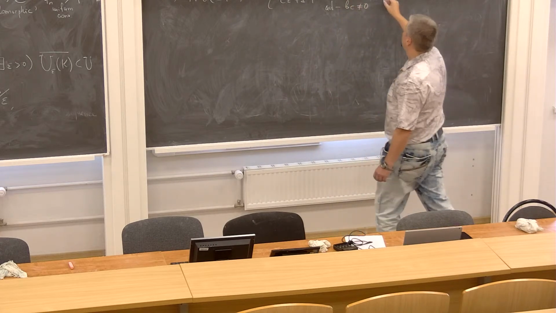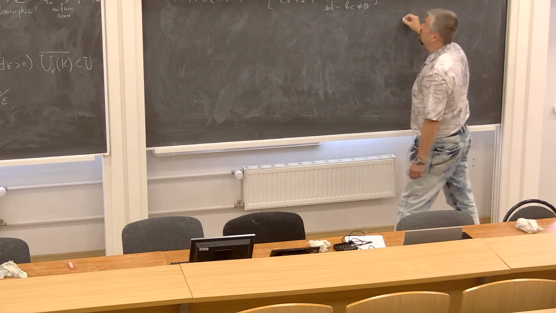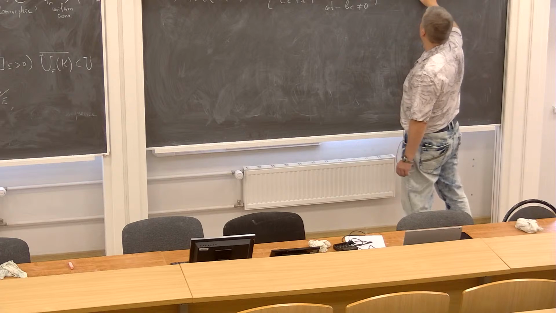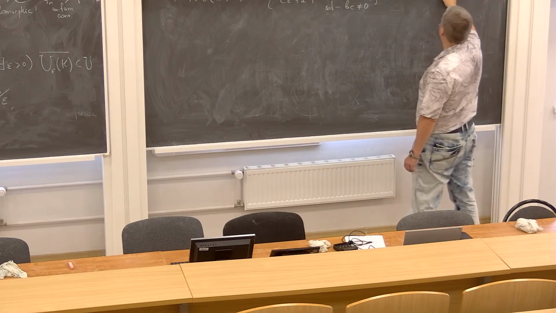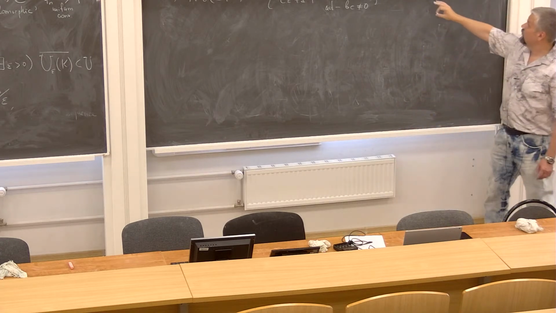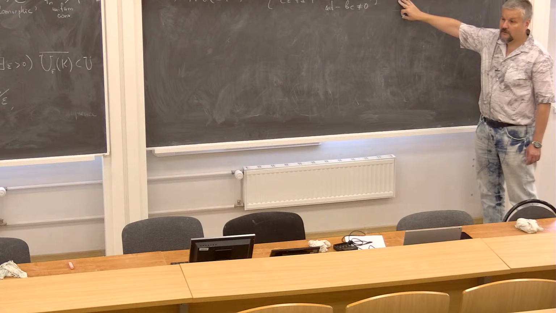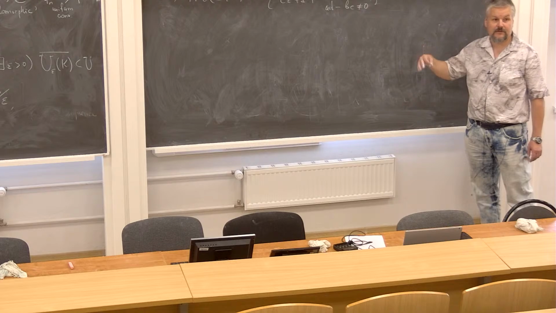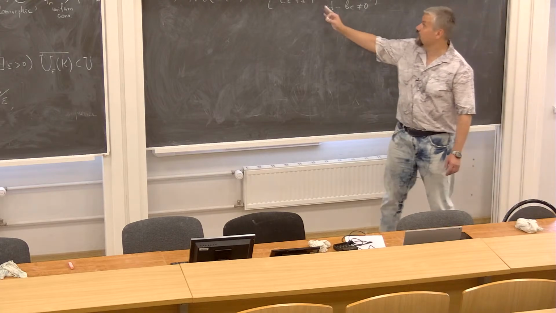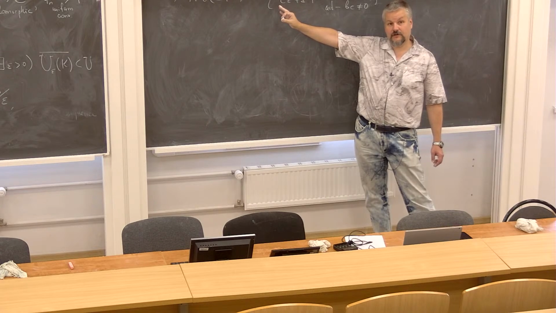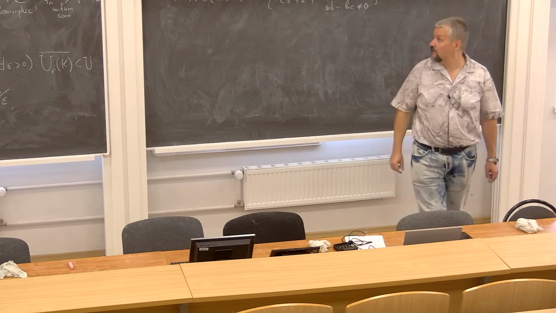So this is the same group as the projective linear group of non-degenerate 2 by 2 matrices modulo non-degenerate scalar matrices. If you multiply all coefficients by the same number, then nothing changes. It's the same fractional linear map.